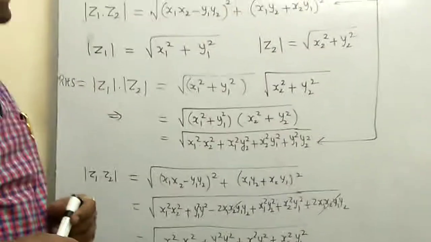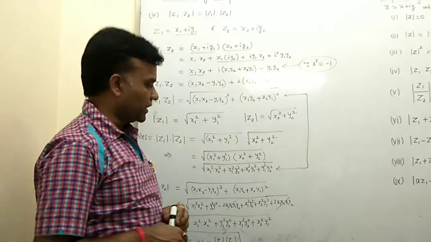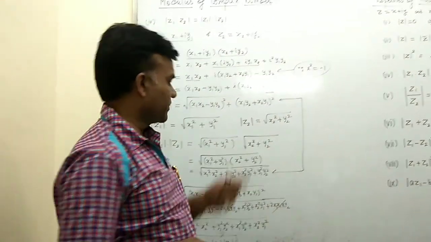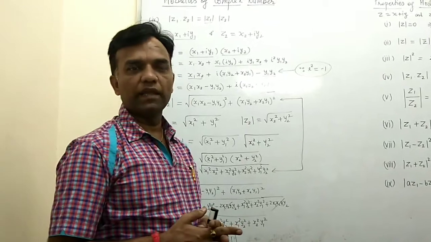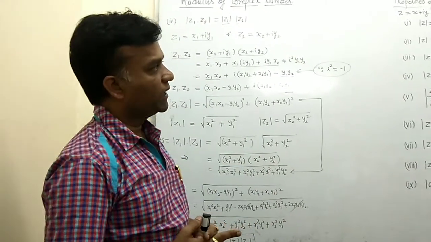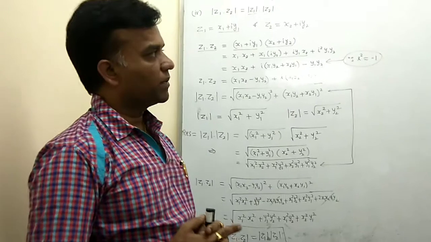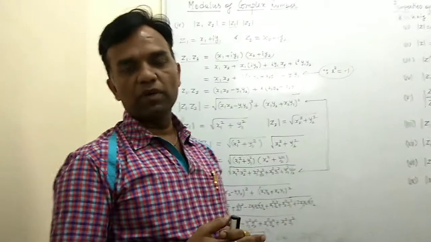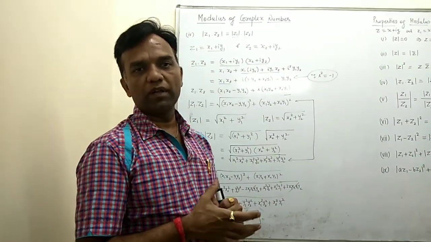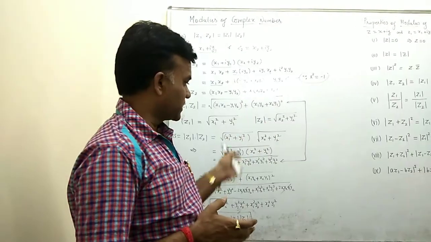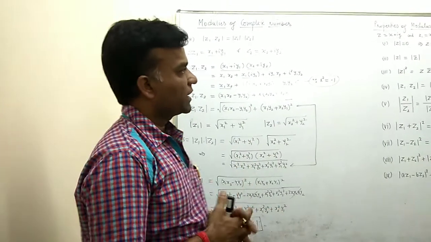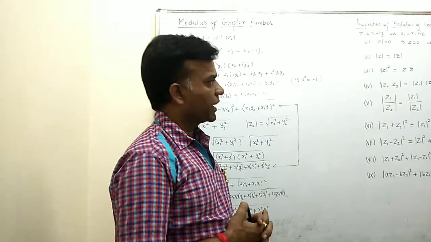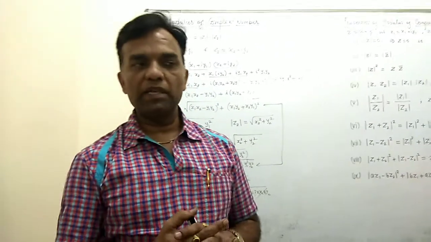So that is a very easy concept. The procedure may be lengthy, but with numeric values it is very easy, because you multiply some numbers, get one particular solution, and write down the result. All these properties are related to the modulus of a complex number, and they are very easy going.